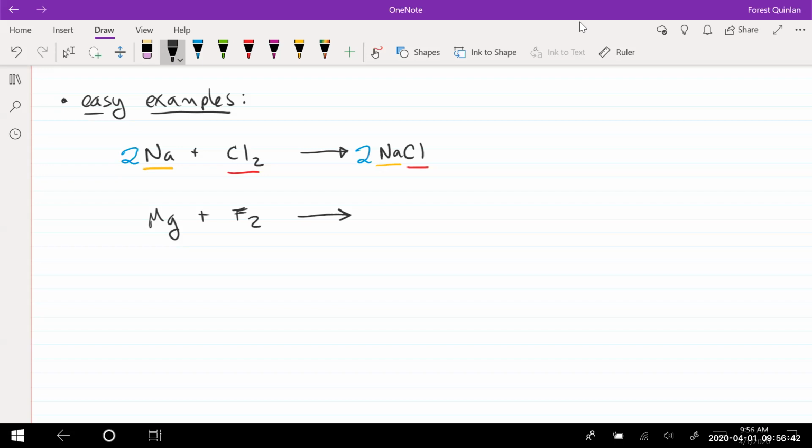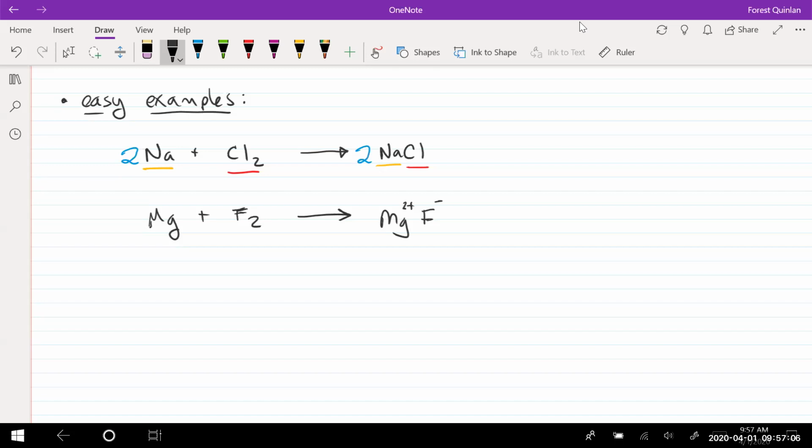So I do apologize that I don't have periodic tables to float around, but hopefully you have one on your side. It is a positive 2, so that's a 2 plus. And the fluorine is a -1. So to balance this compound, what should I do?